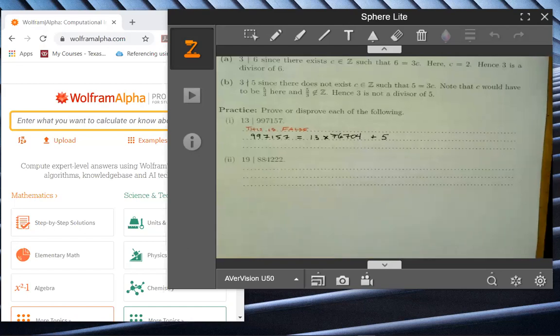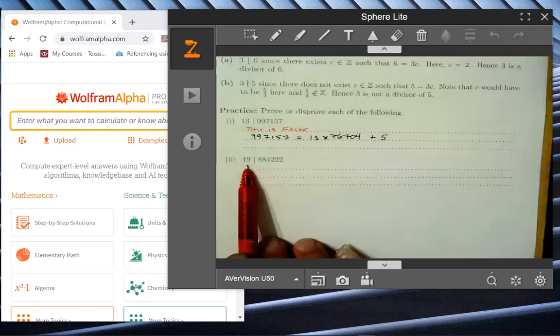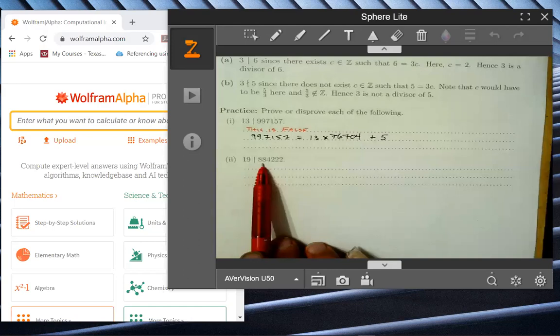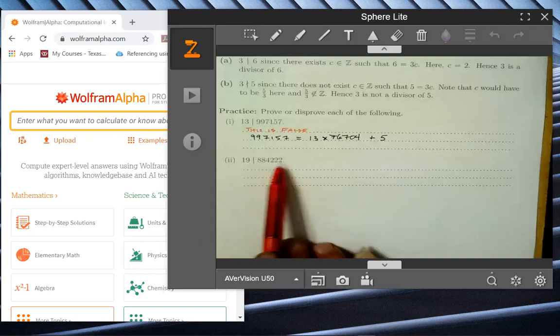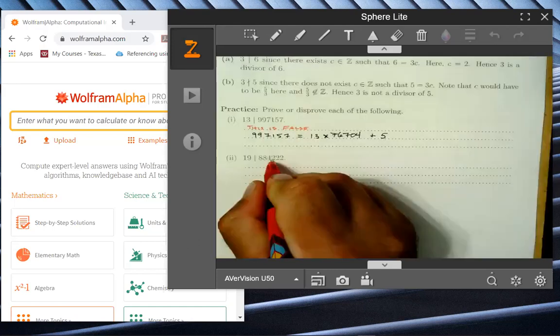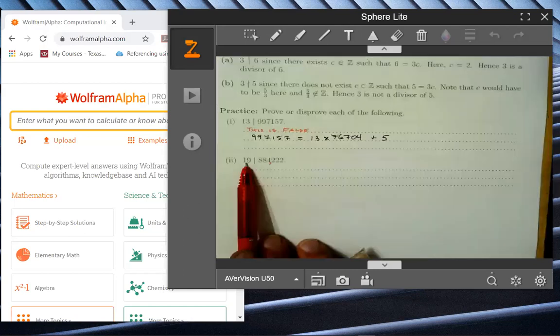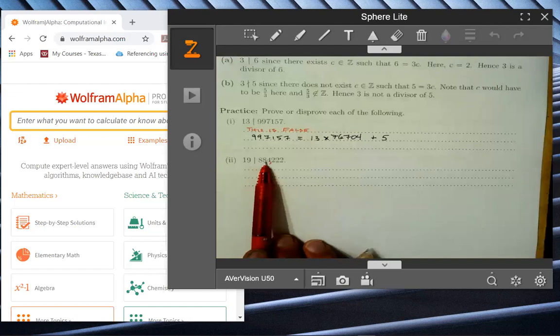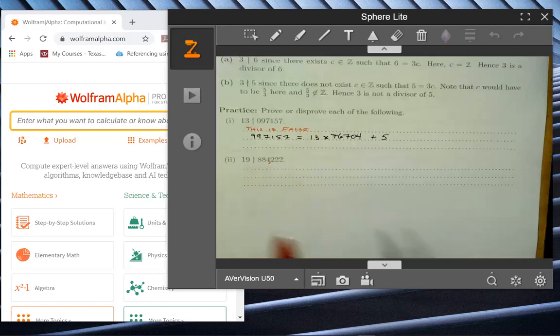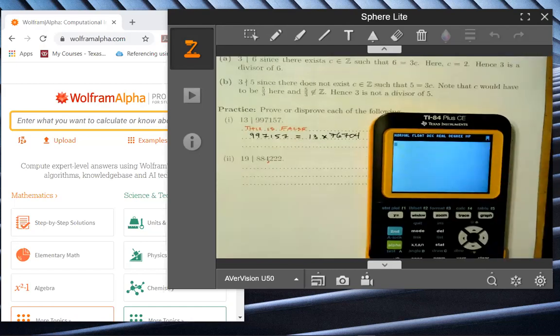Now, if we look at this next one, does 19 divide 884,222? If you need to, you can put your commas in to see. We can use our technology and double check this.